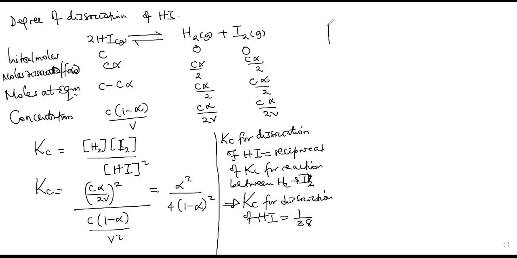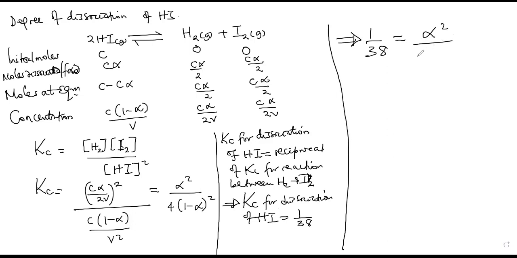So now I substitute that into this. It would mean that 1/38 is equal to alpha squared over 4 into (1 minus alpha) squared. Now I'm going to solve for the value of alpha.